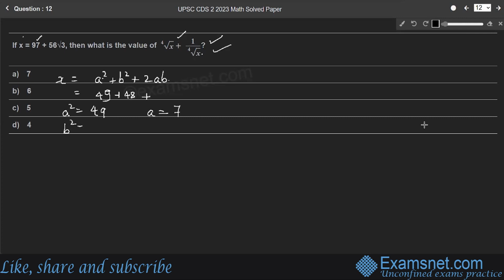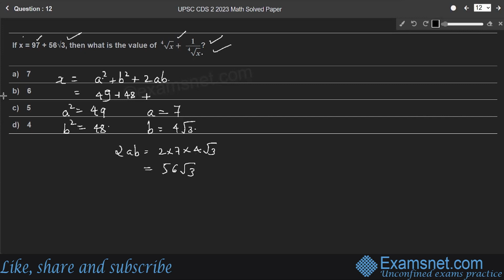And b square is 48. Therefore, value of b is 4 root 3. B square becomes 16 into 3, which is 48. Therefore, 2ab becomes 2 into 7 into 4 root 3, which is 56 root 3, which is correct. So 56 root 3 is nothing but 2ab.